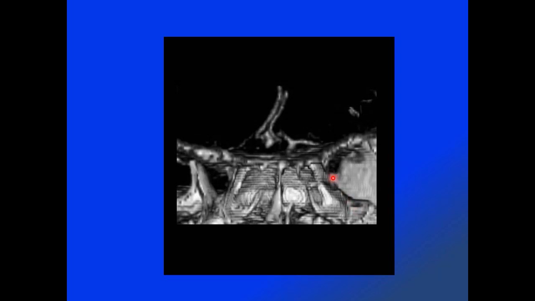These are 4 images magnified from a CTA source image data set which demonstrate a small aneurysm in the region of the anterior communicating artery. This is a 3-dimensional grayscale reconstruction image which demonstrates a slightly irregularly shaped lobulated aneurysm arising from the anterior communicating artery, which was the source of the acute subarachnoid hemorrhage.